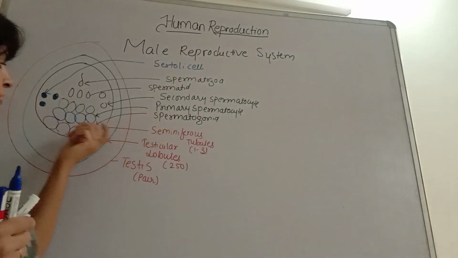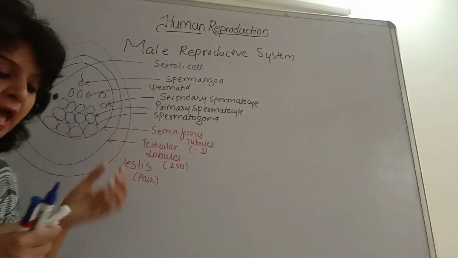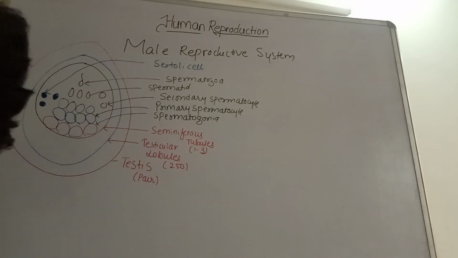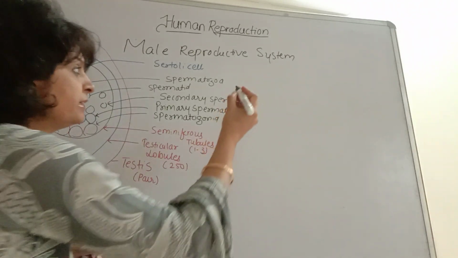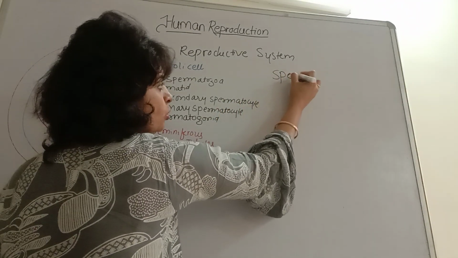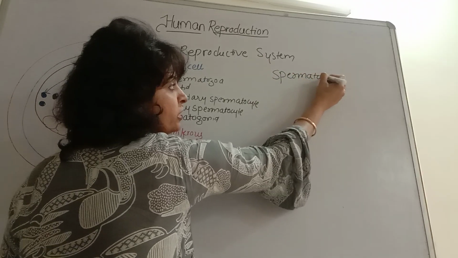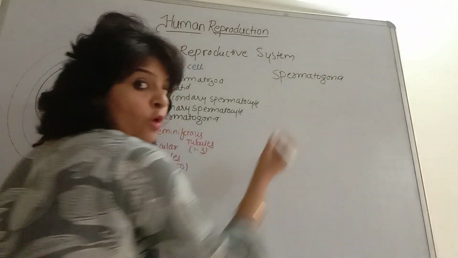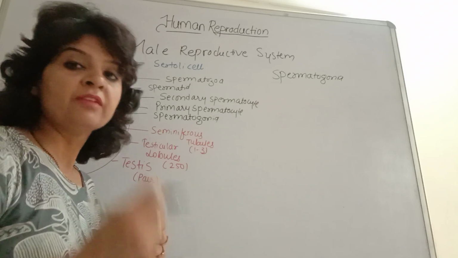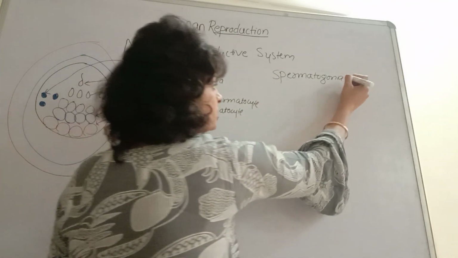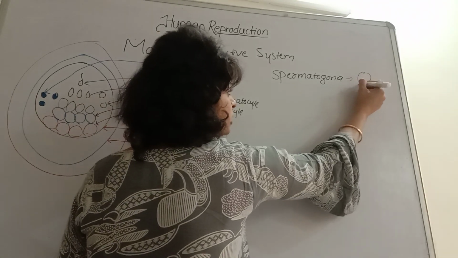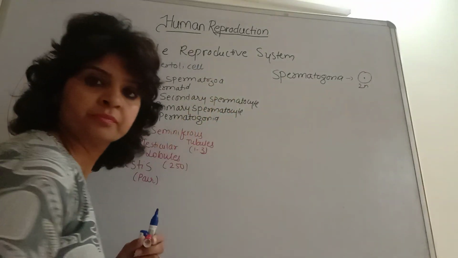So the first cells are spermatogonia, and the process of spermatogenesis continues with this first cell. The spermatogonia is a cell formed by the germ cells. The cells which form the sperms are the germ cells, and this spermatogonia is diploid in number.